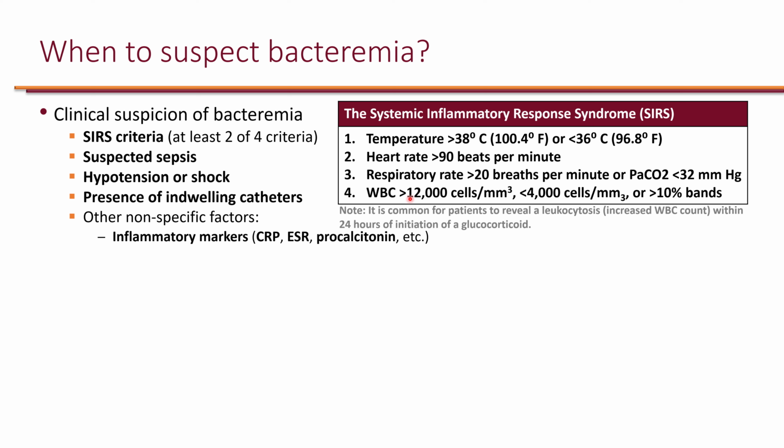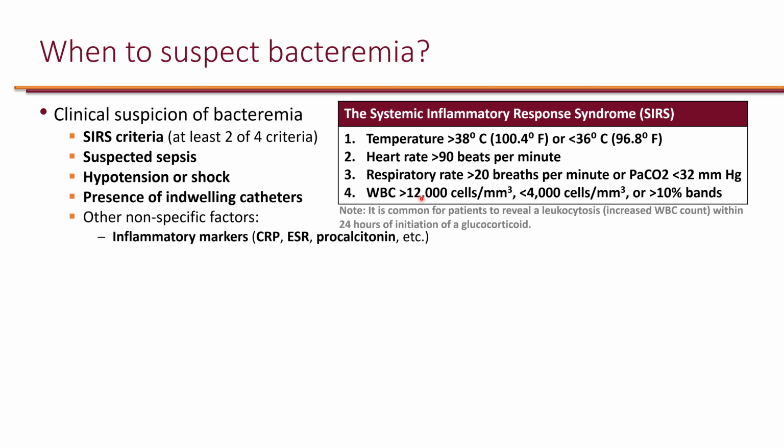And lastly, white blood cell count of greater than 12,000 cells per cubic millimeter, or if there is less than 4,000 cells per cubic millimeter. Alternatively, if there is more than 10% bands, so bands are immature white blood cells. So if more than 10% bands, it's essentially indicating that the body is attempting to make a lot of white blood cells.